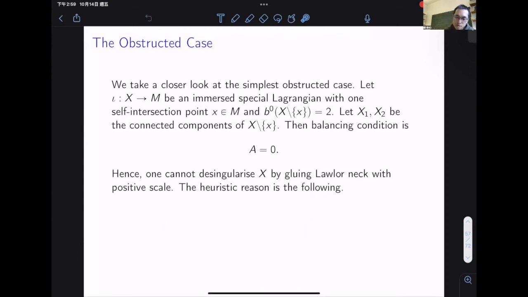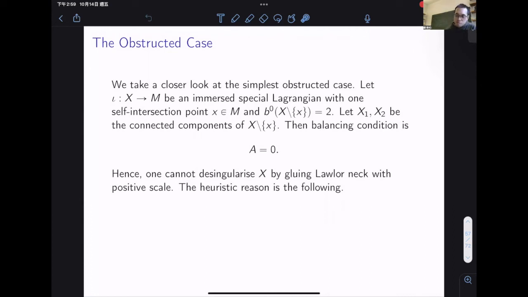Namely, we assume we have an immersed special Lagrangian with only one self-intersection point, and we get two connected components. In this case, the balancing condition reduces to finding a positive solution to A equal to 0, which is impossible. Therefore, one cannot desingularize X by gluing in a Lawlor neck with positive scale.